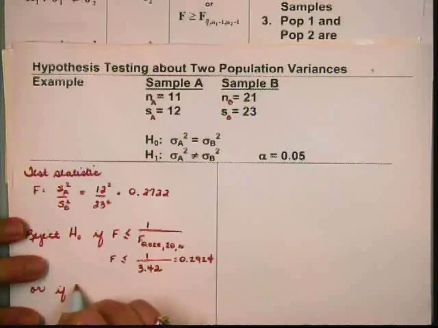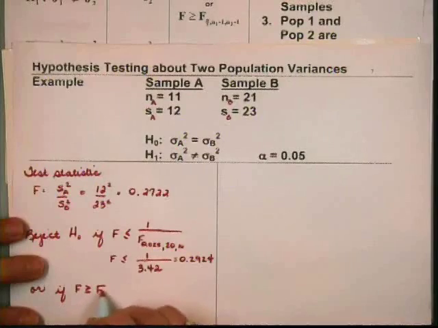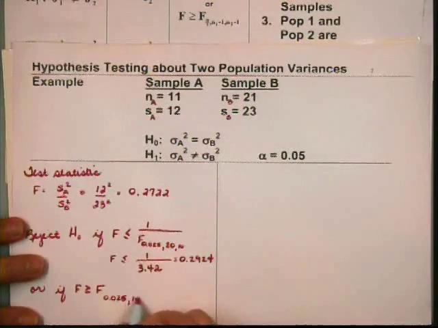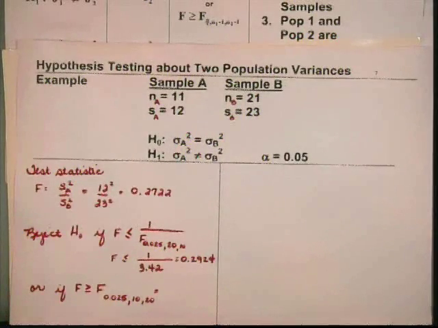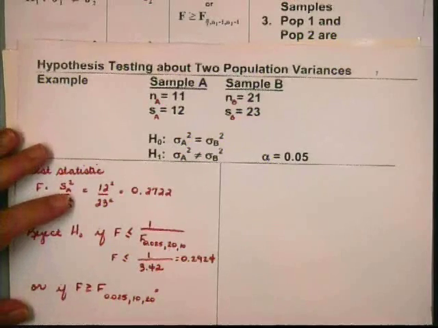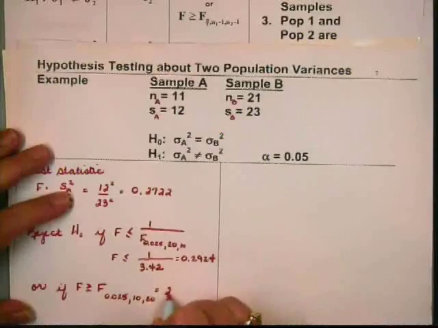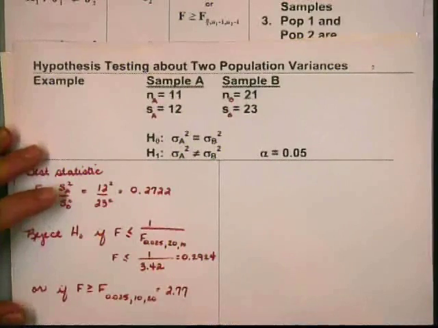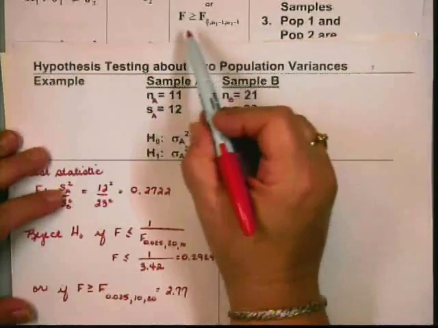So if F is larger than F determined by right-hand area 0.025, this time stick with A's degrees of freedom in the numerator, which was 10, and 20 in the denominator. All right, so back on the first page of the 0.025 subtable, I have 2.77. Do you agree? And that matches this information here.